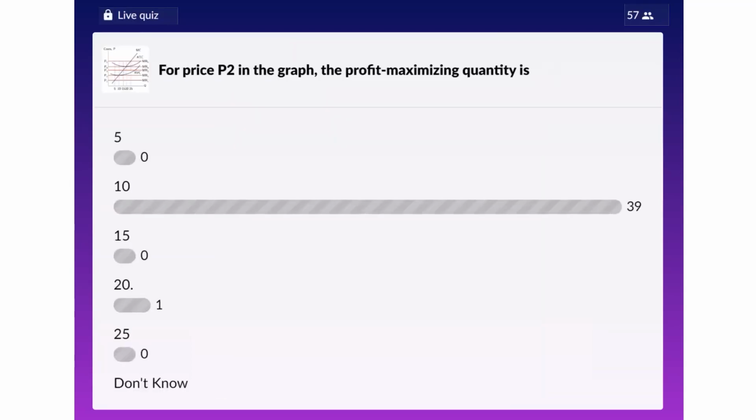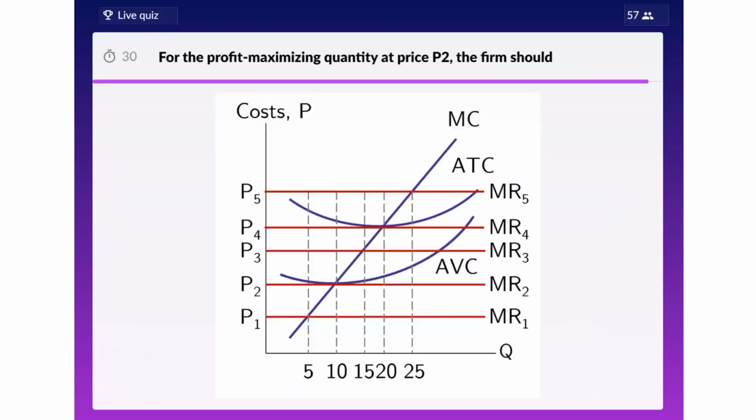Okay, so the majority of you say 10, and the answer is indeed 10. So what should the firm do at this profit maximizing quantity? Should it keep producing, or shut down, or exit?